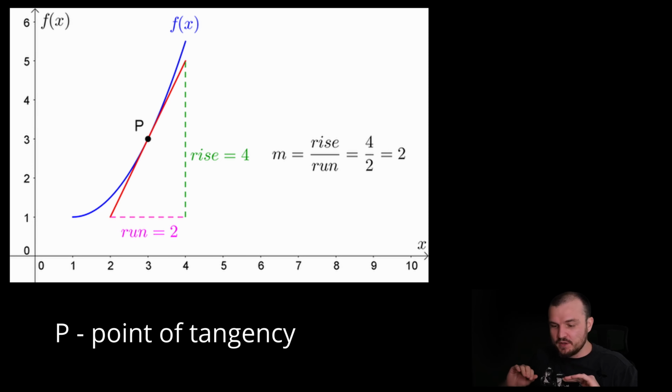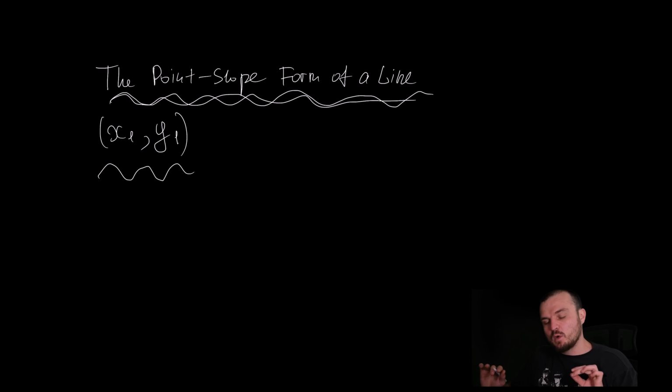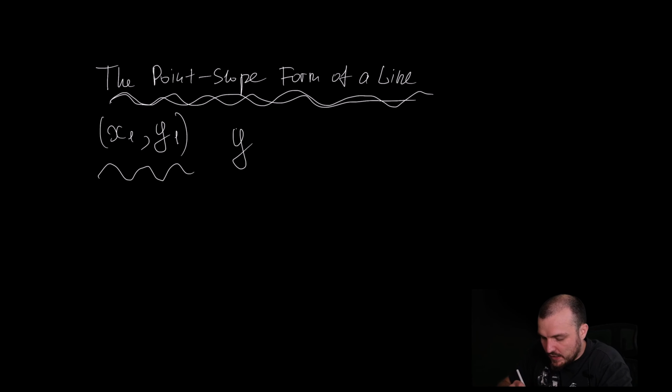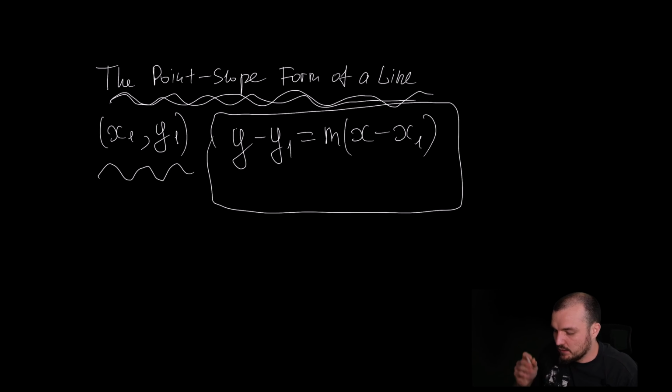Let's consider the point-slope form of a line. X1 and Y1 in this case is the point of tangency. We have y minus y1 equals m times x minus x1. Let's break this equation down.